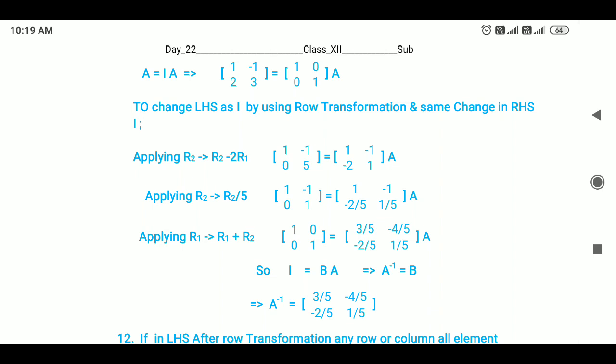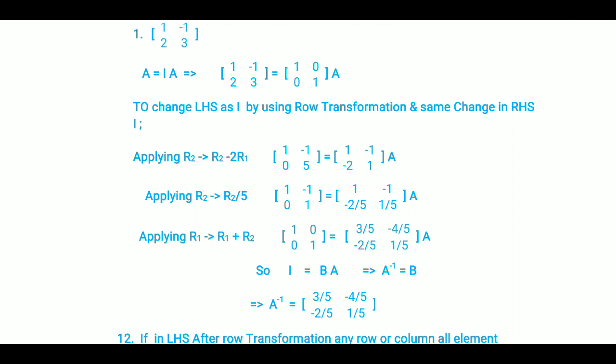Now applying R1 becomes R1 plus R2 to make most zeros. It means the change is on R1 plus R2. We are adding the elements of R1 and R2, and the process is R1 becomes 1 plus 0, minus 1 plus 1, that is 0.